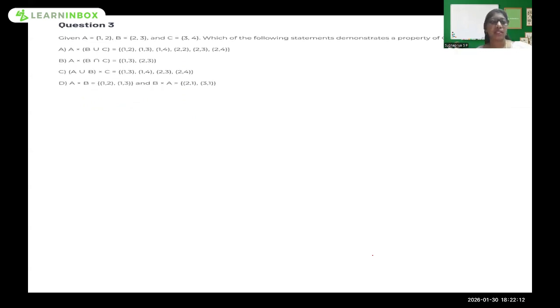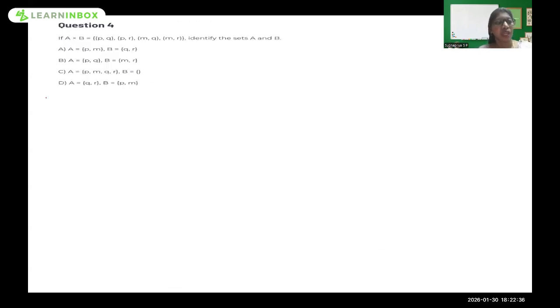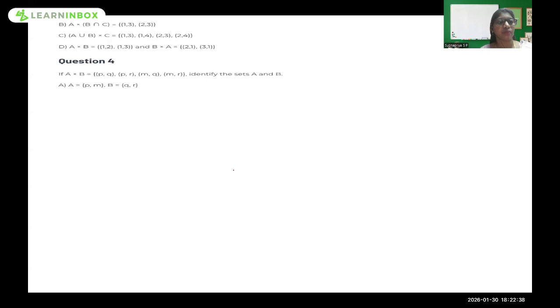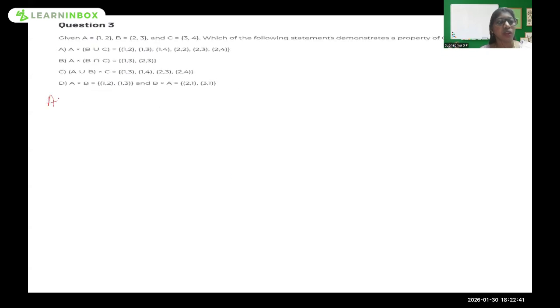In the next question, we are given A equal to {1, 2}, B equal to {2, 3}, and C equal to {3, 4}. Which of the following statements demonstrates the property of Cartesian product? We saw many properties before. Let's see which is correct. For A, we have to first find our LHS.